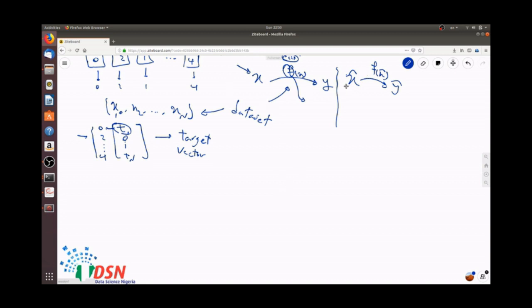Now in here we have some new images and we want to get the labels. We call this phase the test phase, and the performance of the model in this phase is very important. We call this the generalization. The generalization means that, after the training, how well your model is going to predict on the test data, on the new images.